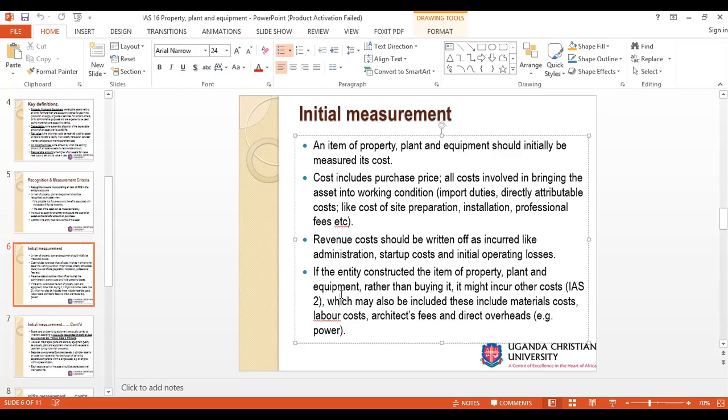Cost of manufacturing normally comprises materials, labor, and other overheads, especially direct overheads which you can easily trace during production. But if you are buying, then the cost of the property, plant, and equipment will be the purchase price plus any other costs you have incurred before you bring the asset into operation.